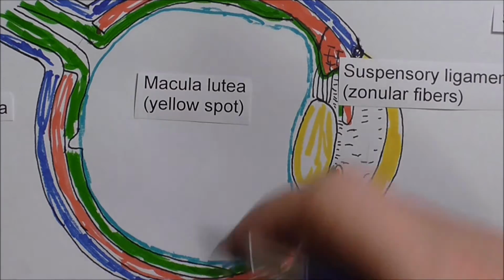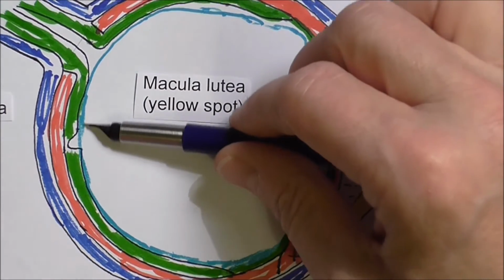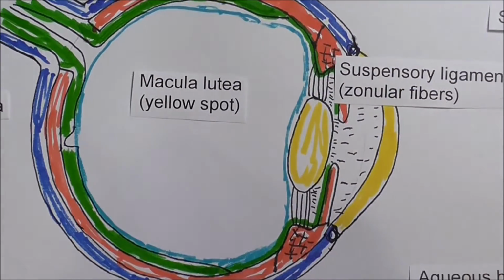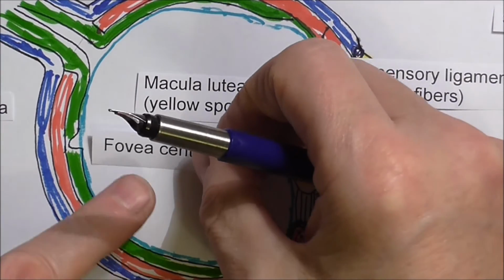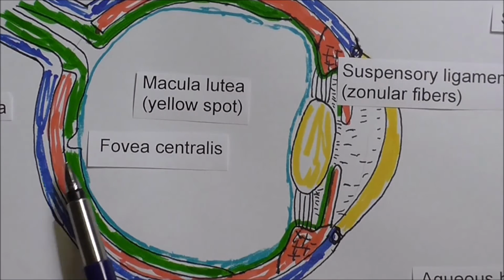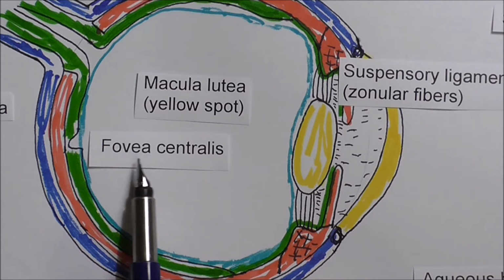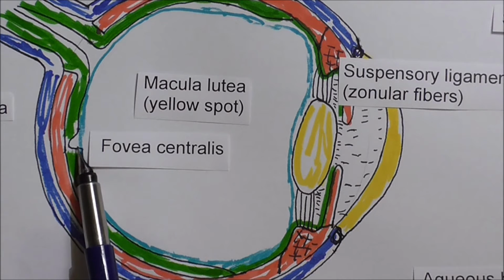Macula lutea is that area here, the yellow spot, very high in cone cells for colour vision. But the very highest concentration is in that little indentation there. And to be precise, that little indentation there is the fovea centralis. So that is the fovea centralis just there.